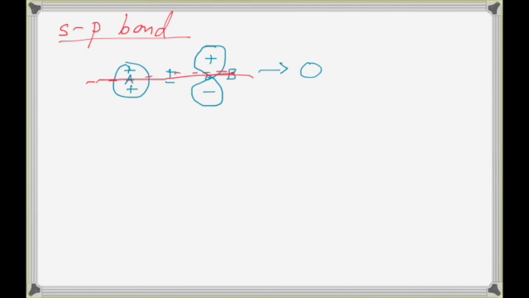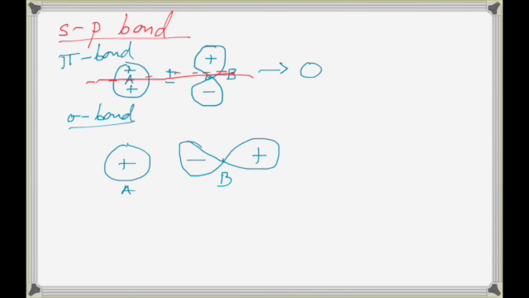And so this is 0. It looks like a pi bond between S and P, and there are no pi bonds between S and P. They're 0, and that's why you never even see them mentioned. There's only a sigma bond between S and P, in which you have your S orbital and your P orbital, and now you can add it or subtract it.